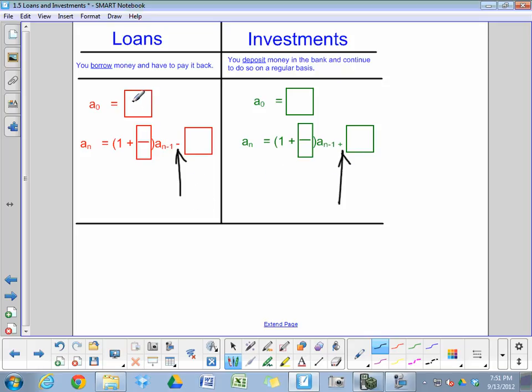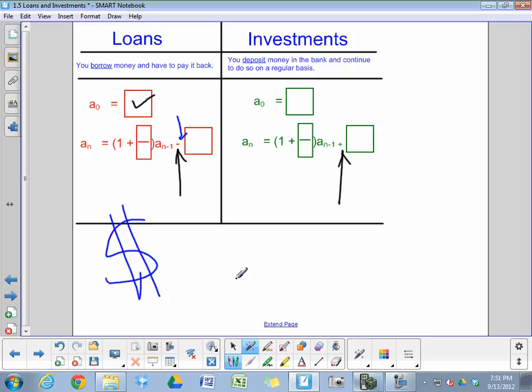The reason is this first block, this A sub 0, is going to be the amount that you borrow in a loan. And as time goes on, with every new month or new year, whatever the period is, you're going to subtract from that amount. So you're going to take away using the subtraction sign. It's going to make that dollar amount decrease, decrease, decrease down to nothing until your loan is paid off.